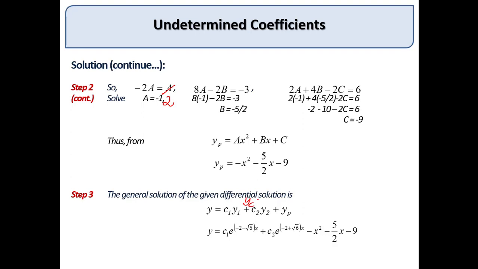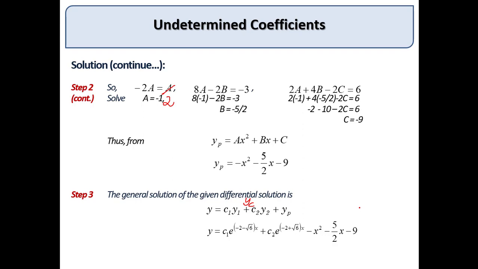So now our y is equal to c1 e to the power of (negative 2 minus square root of 6)x plus c2 e to the power of (negative 2 plus square root of 6)x, minus x squared minus 5 over 2 x minus 9. It is quite simple actually. The solution is quite straightforward. You just need to solve the homogeneous part, and then after that you find the particular solution.